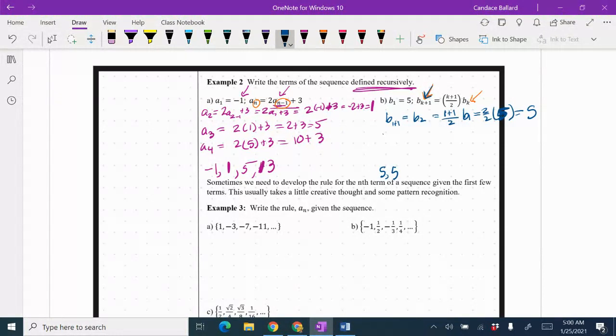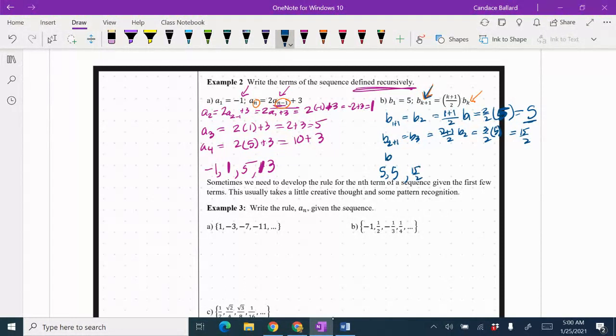And then I've got b sub 2 plus 1, which is b sub 3. So that would be 2 plus 1 over 2 times b sub 2, which would be 3 over 2 times the 5, which was our previous again. So that looks like it would be 15 over 2.